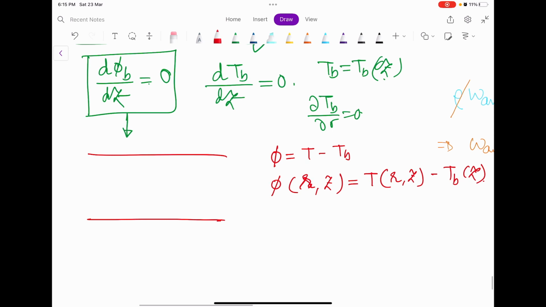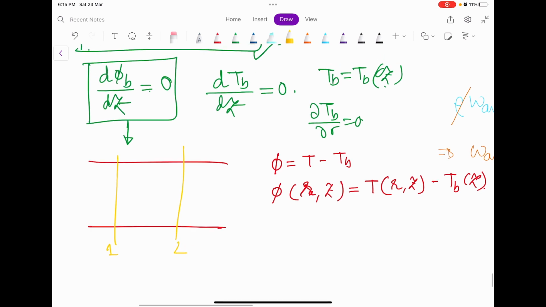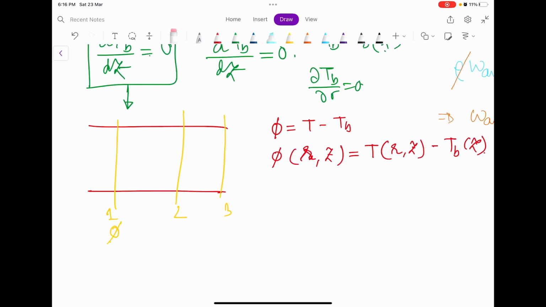So at any section, section 1, section 2, section 3, if I have to calculate phi, then this phi will vary over r. Maybe at section 1 phi is a particular function g of r, at section 2 it is h of r, and at section 3 it is k of r. So at any section phi may have any other variation in r.